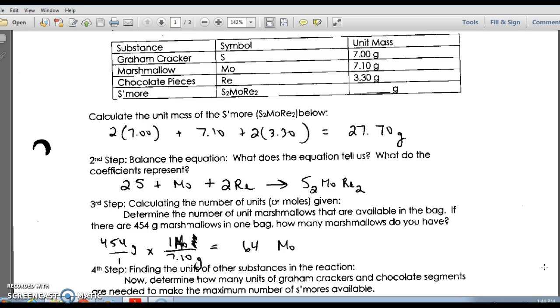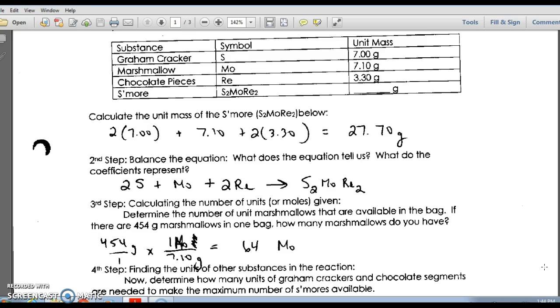The first question asks you to calculate the unit mass of s'more, which we've given a chemical formula. So each substance has been given a chemical symbol, and the compound s'more has been given a chemical formula, and therefore each one also has a unit mass, and we can find the unit mass, like the molar mass, of s'more.